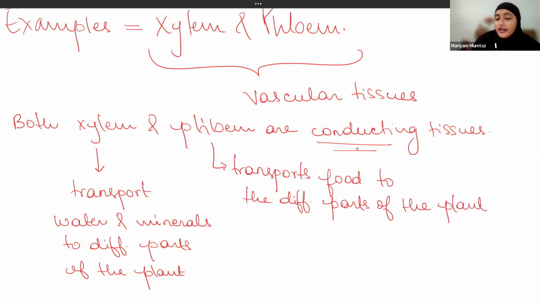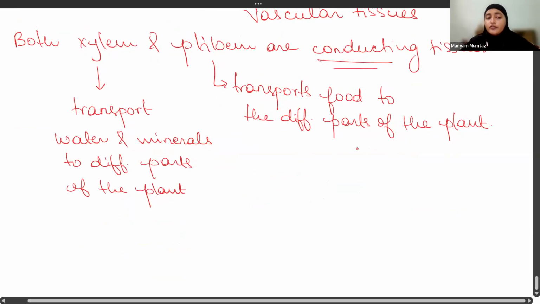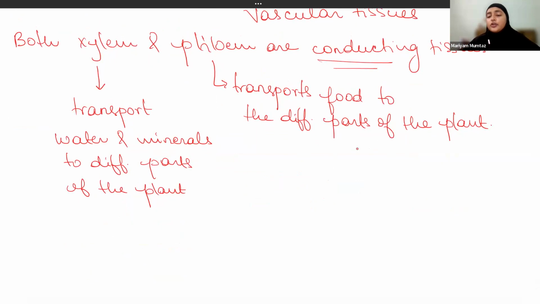Now there is a direction of this transportation. Xylem will transport from the roots to the different parts, and phloem will transport from the leaves to the different parts. Now, can you tell me why?